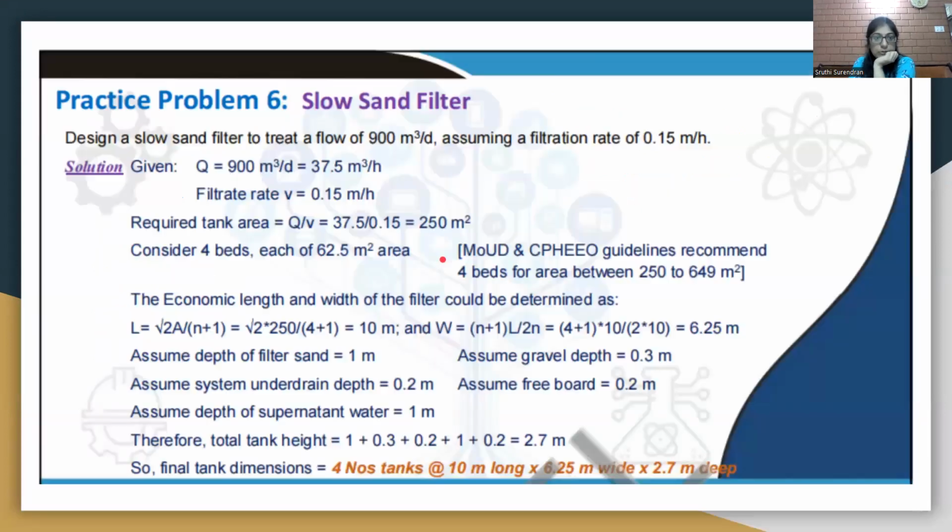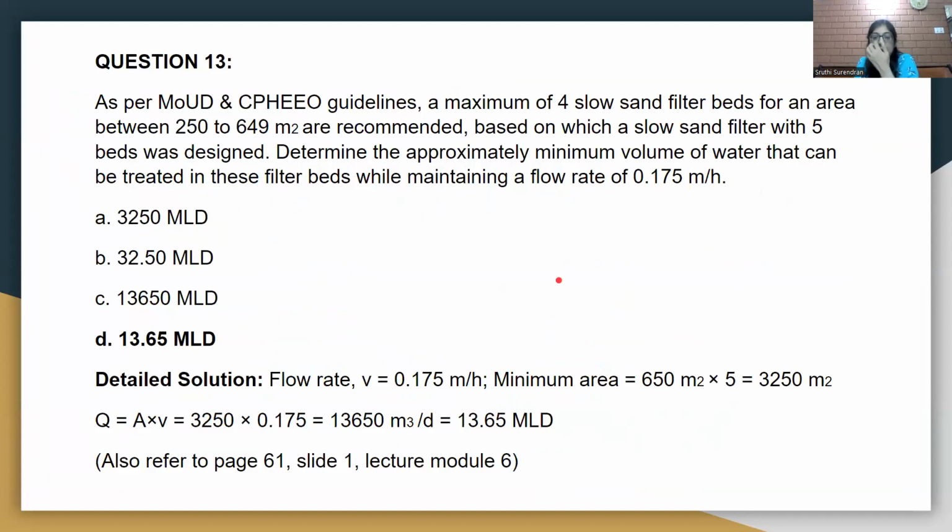Okay, so I move on to the solution. If you look at the lectures, we have design conditions for slow sand filters and rapid sand filters. In the case of a slow sand filter, the recommendations are 4 beds for an area of 250 to 649 meters square. Now, we have the flow rate, and the area of each bed is going to be 650 meters square.